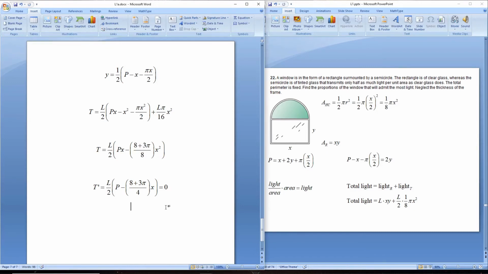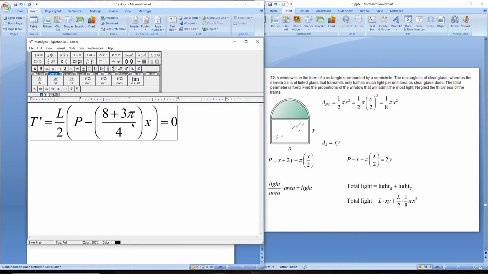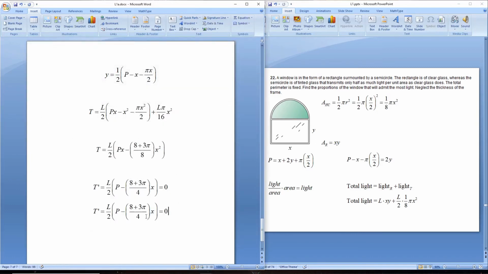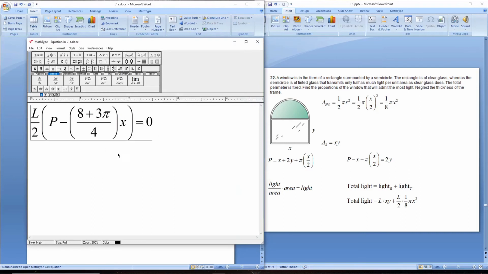And notice in particular that when you solve this, actually let me copy this. When you solve this for x, what's the first thing you're going to do? Well, you're going to get rid of L divided by 2, which means that unknown L has now become irrelevant in solving for x.